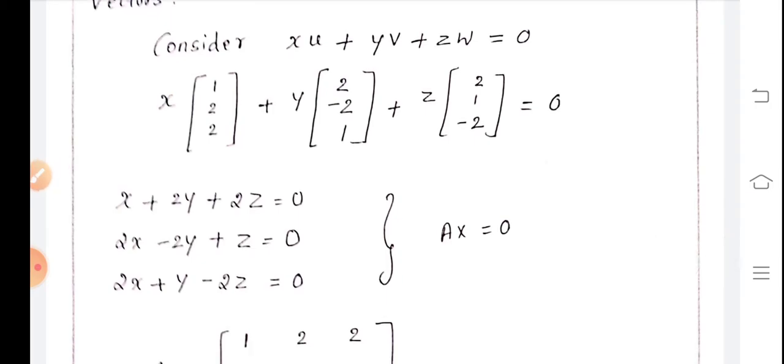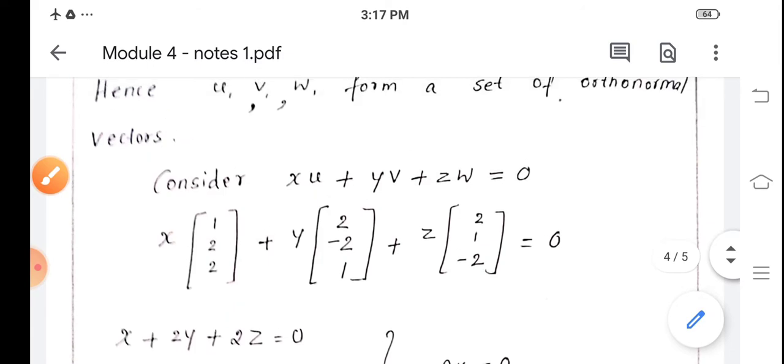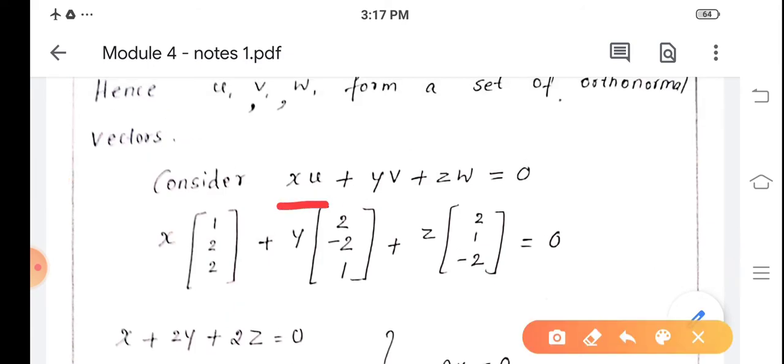Now let us find an orthonormal basis and an orthogonal basis for the same set of vectors. Here I will take the linear combination as x into u plus y into v plus z into w equal to 0, where x, y, z are scalars.